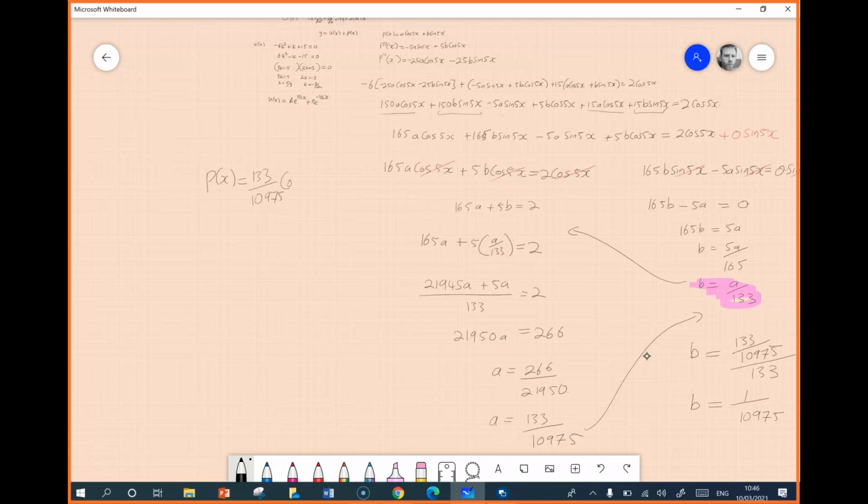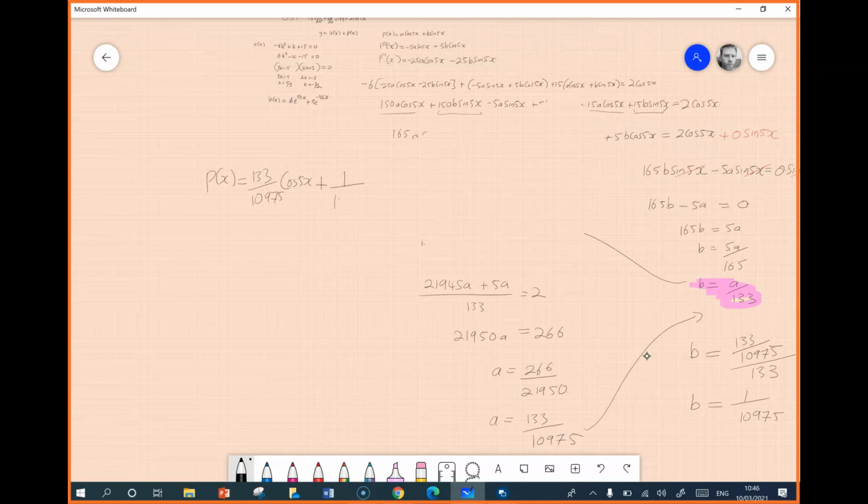So our a is 33 over 2725 cos 5x, and plus I've got my b, which is 1 over 2725 sine 5x. Okay, so my total solution is my u of x, which is a e to the power of 5 over 3 x plus b e to the power of minus 3 over 2 x.